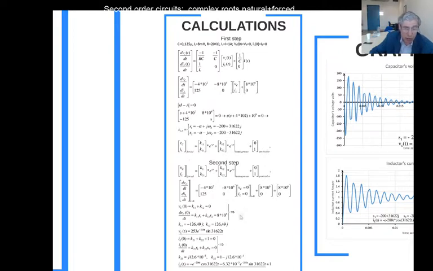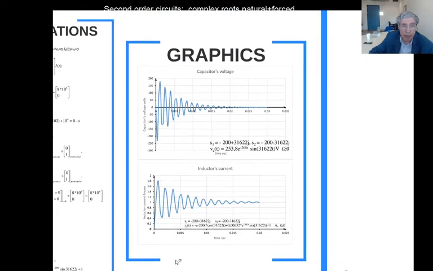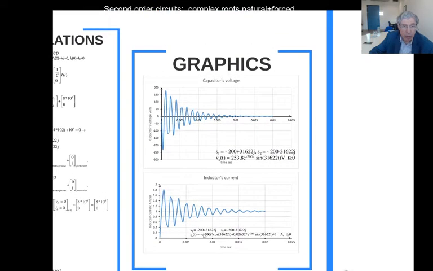If we are going to do a similar thing for the inductor current, I'm not going to repeat it here, you could do it on your own. So the forced solution graphics comes here now. You see these two functions start with 0. Why do they start from 0? Both of them start from 0.